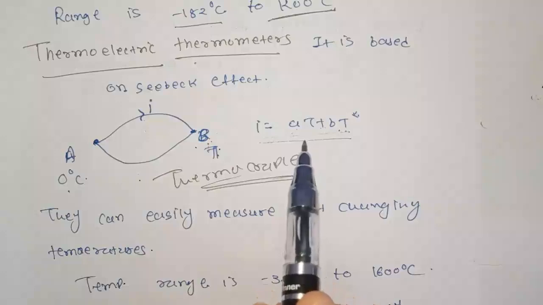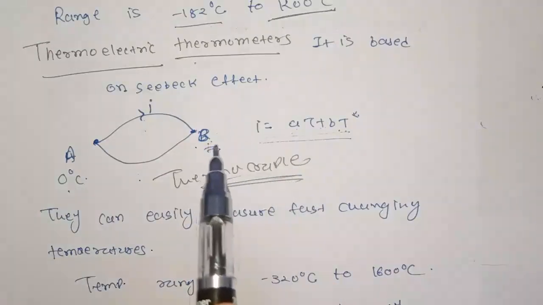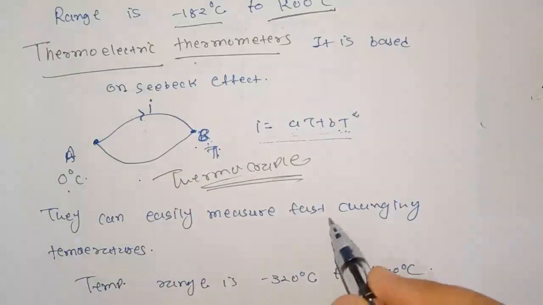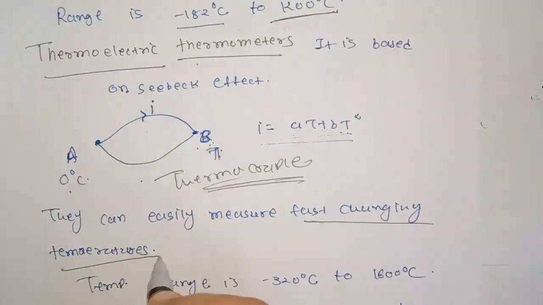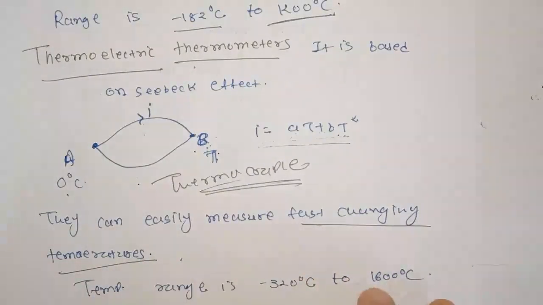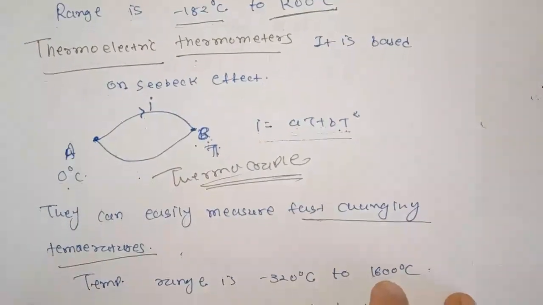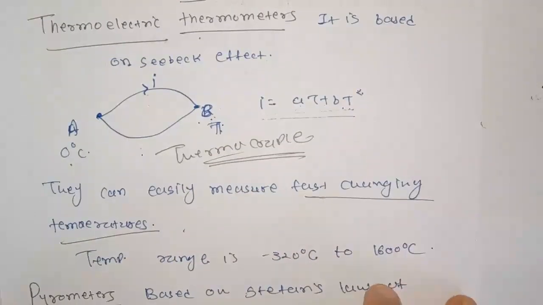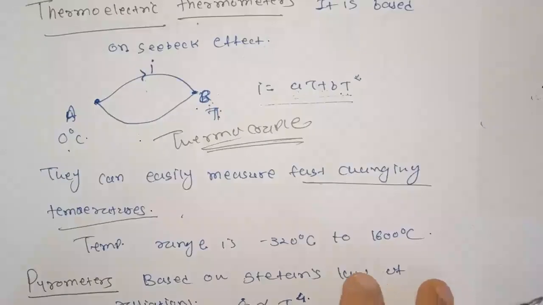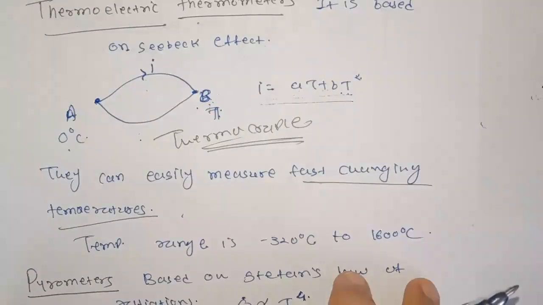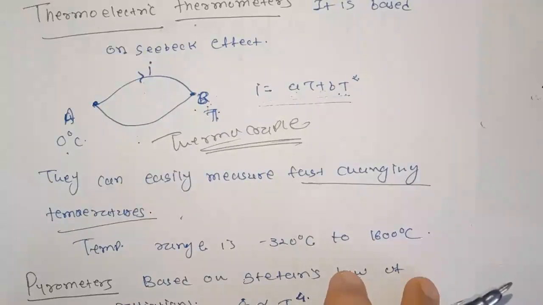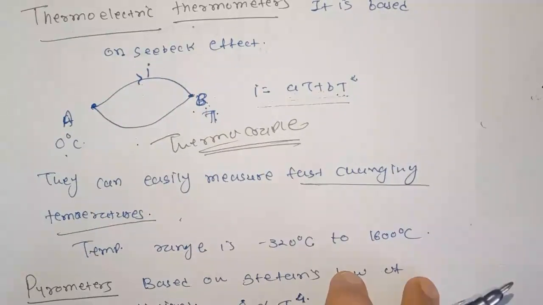This kind of thermometer has several advantages. They can easily measure fast changing temperature. Since temperature is in the form of electric current, a computer can do the recording of changing temperature over a time interval, and it can even be sent through satellites from one place to another.